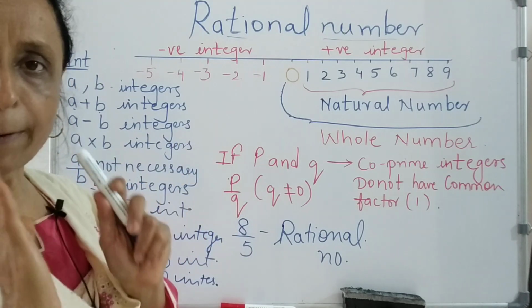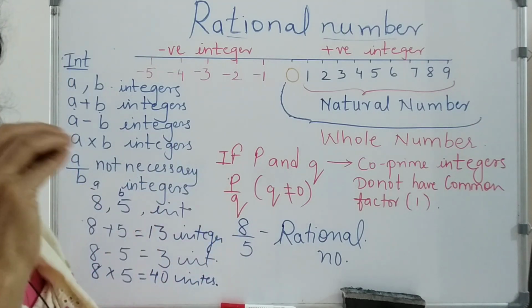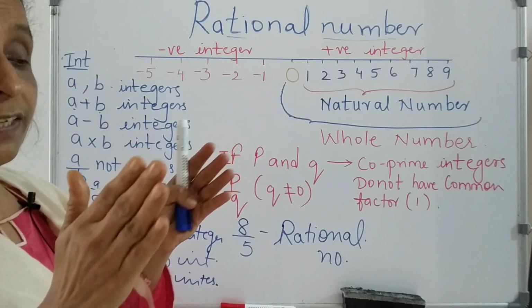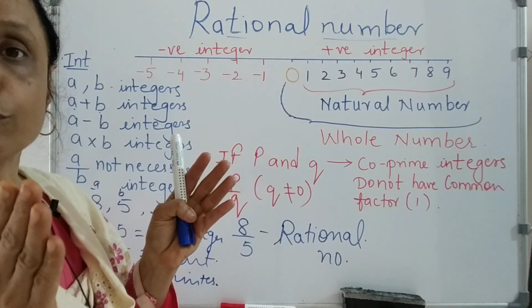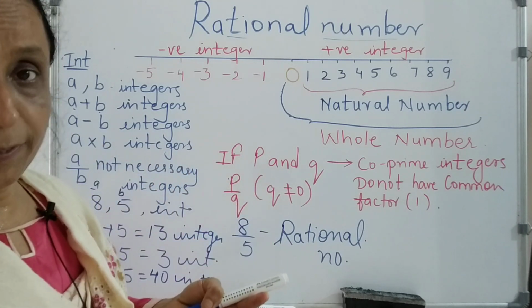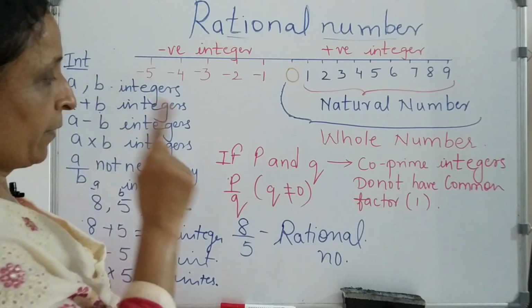So you know a prime number cannot be divided into two, they don't have multipliers. That is prime numbers.